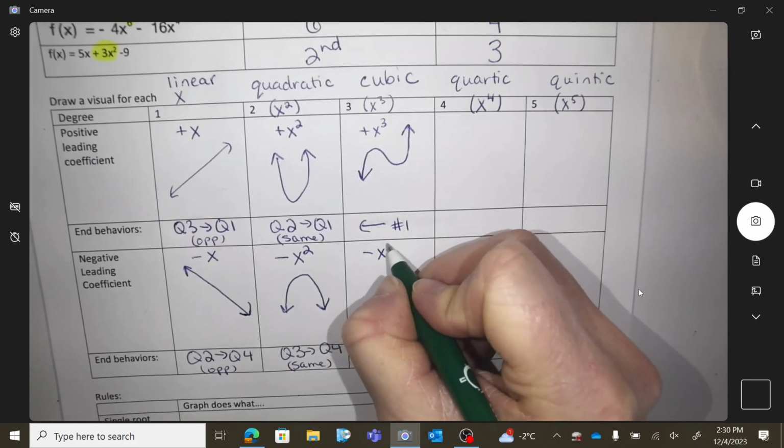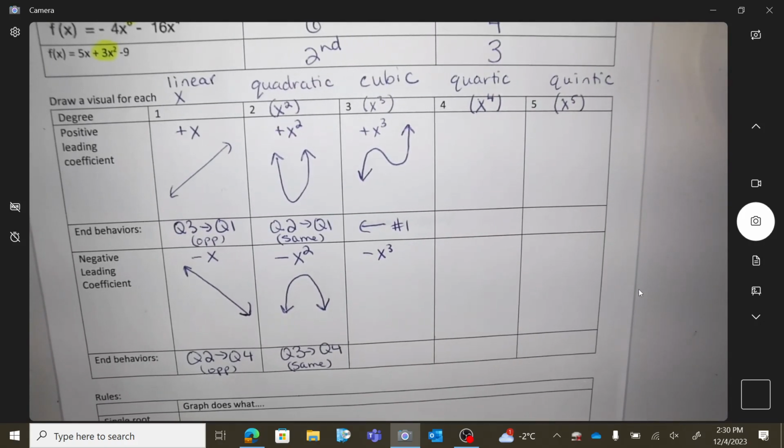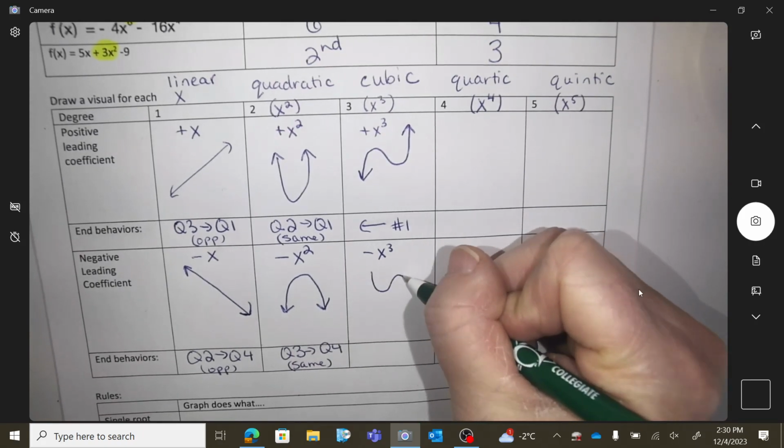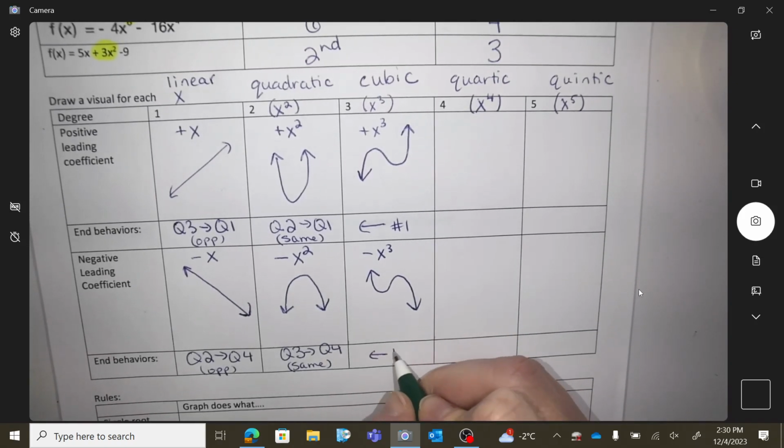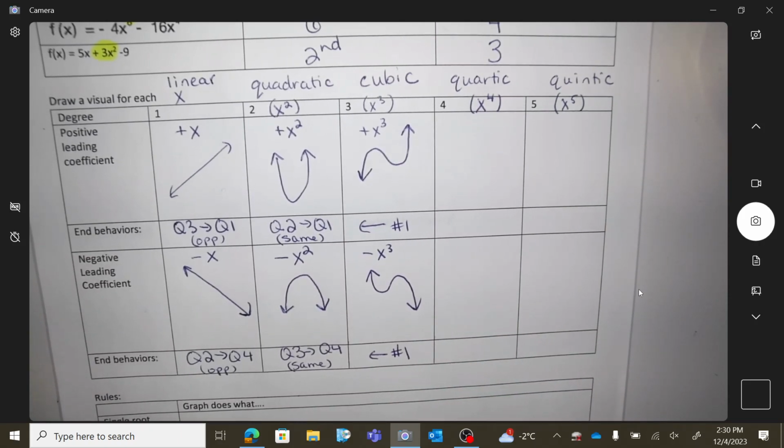So what would a negative cubic look like? Can you think about how to draw that? Okay, so you need to reflect that shape. I'm not going to rewrite it again. It's the same as the arrows on number 1.